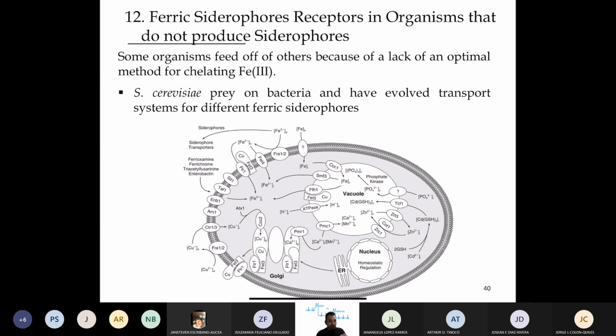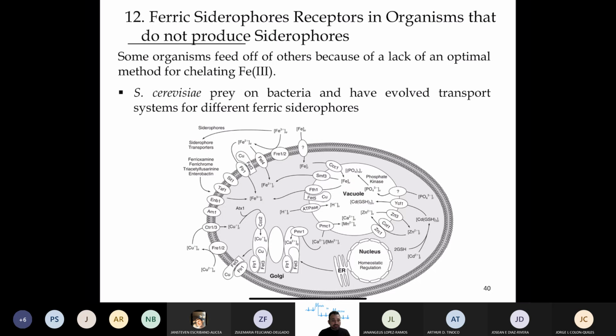An example I'm going to provide in a moment: we're looking at ferric siderophore receptors in organisms that actually do not produce siderophores. What does that mean? Well, that means they have evolved their own type of siderophore receptors in order to recognize siderophores. Some organisms will feed off of others because of a lack of their own optimal method for chelating iron.